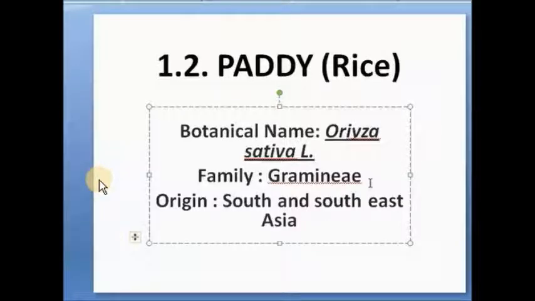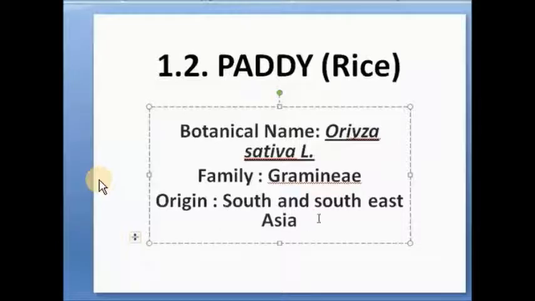As we have just seen, this crop belongs to the Gramineae family. So the Gramineae family has different specialities like an adventitious root system, parallel venation, and the economic part, that is a panicle having grains, and the height of the plant is almost 2 to 2.5 feet depending upon the varieties.